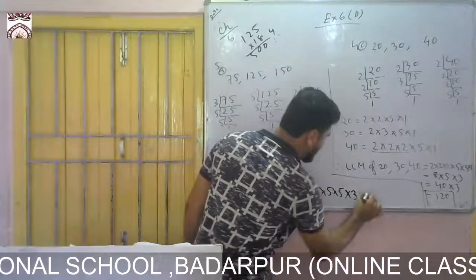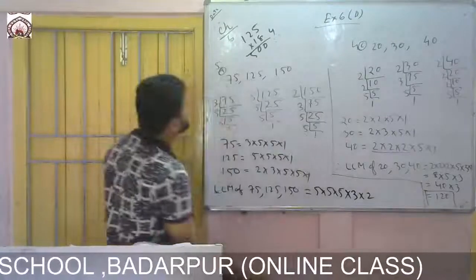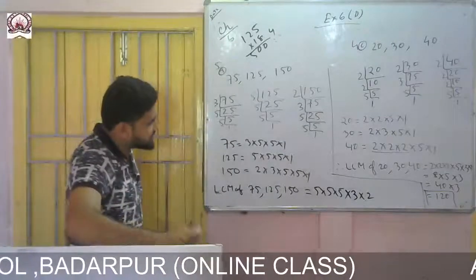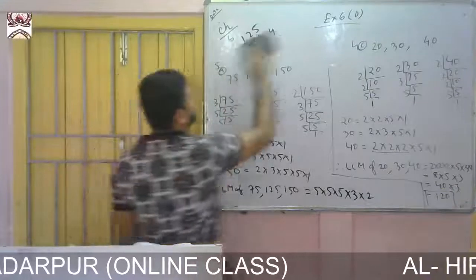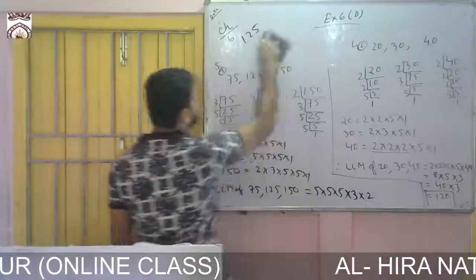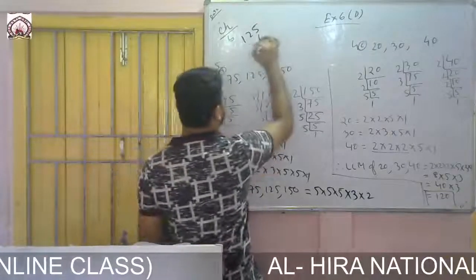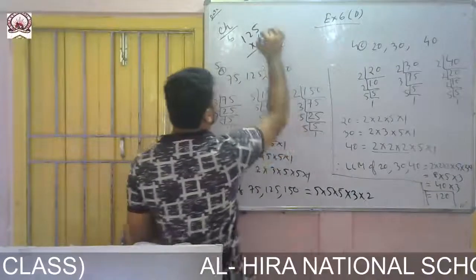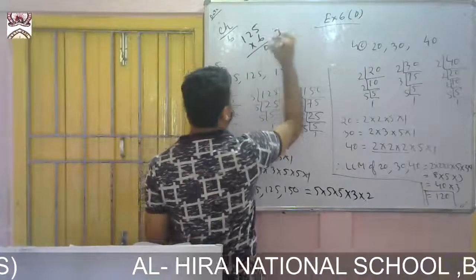We shall take only this 3. So 3 2s are 6. So what? 6 5s are 30 and remain 3.